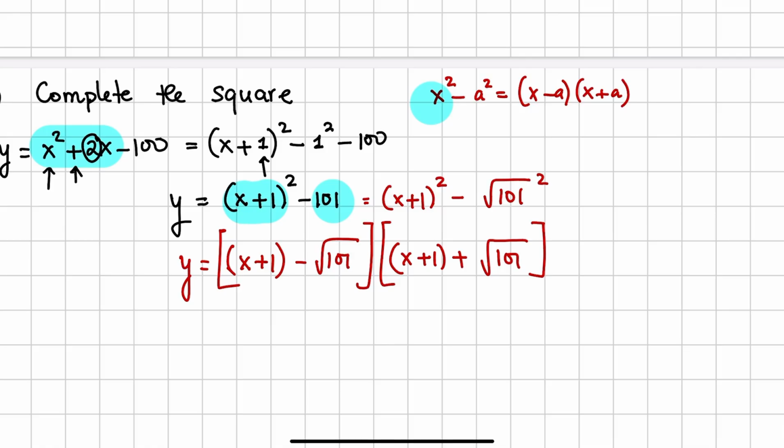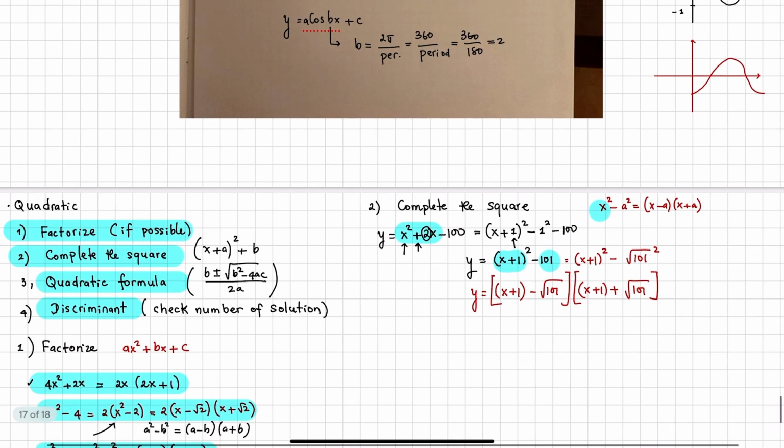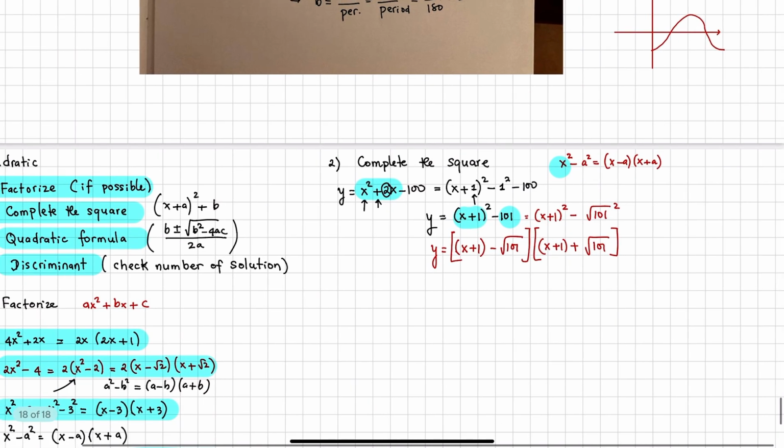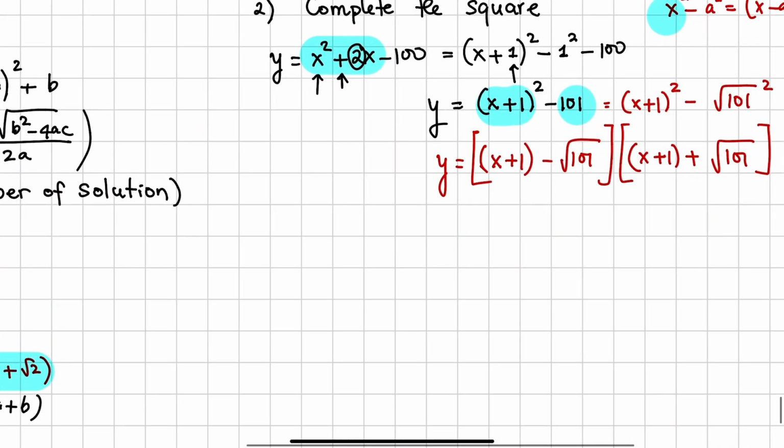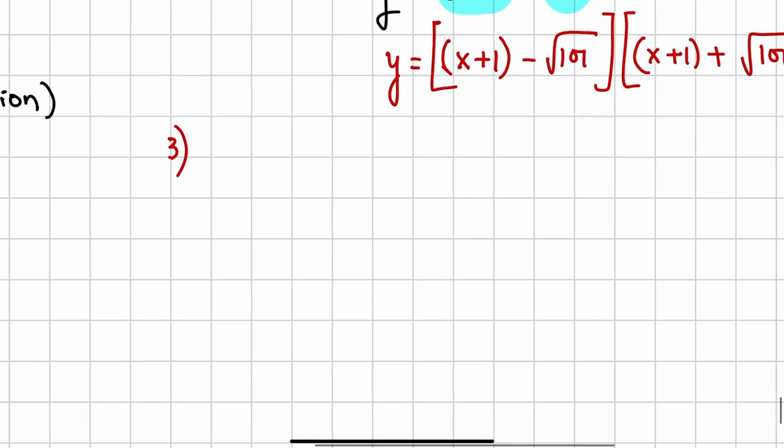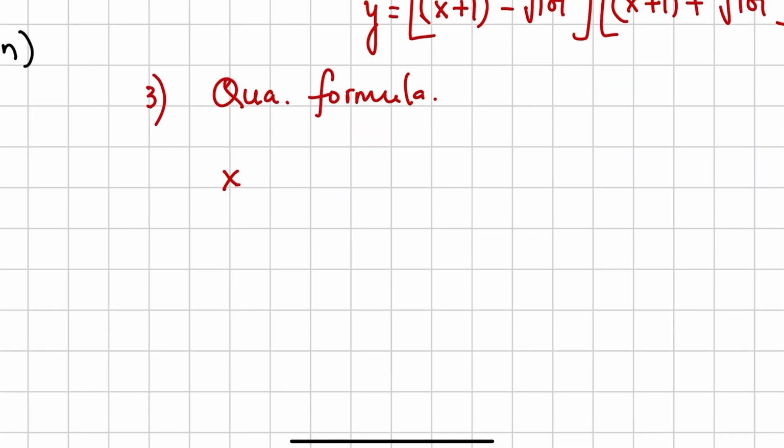That's all. And for C, the quadratic formula, what can we use the quadratic formula for? Actually, like this. If we have x squared plus 4x minus 5 equal to 0.